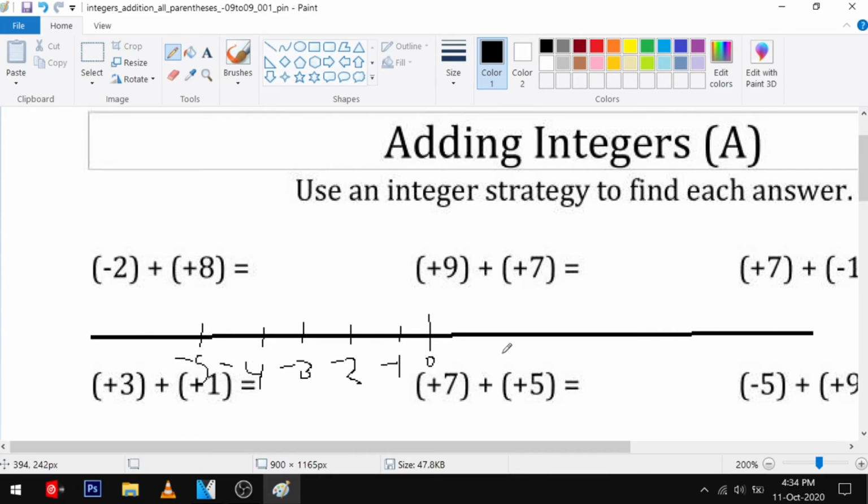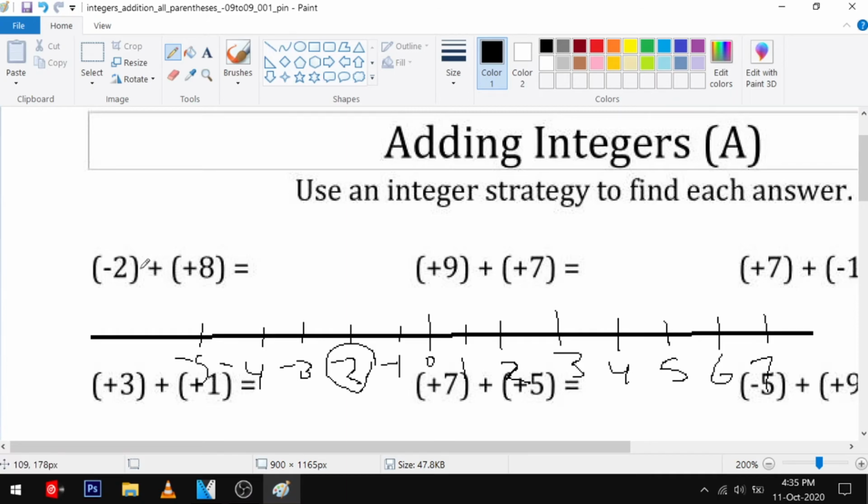All right, and then I'm gonna go +1, +2, +3, +4, +5, +6. I think I'll do one more, +7. So right now I am at -2 right here, and I'm going to add +8.